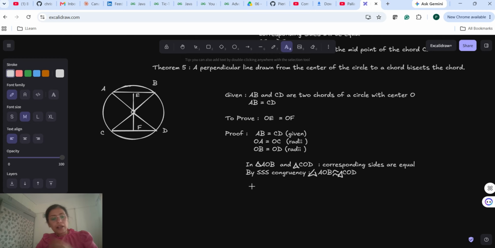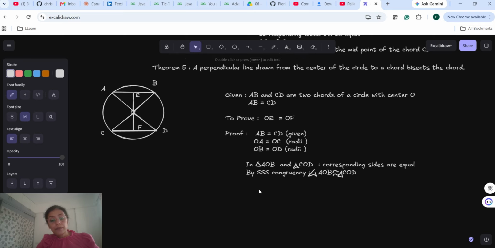That just means that their corresponding sides are equal, their corresponding angles are equal. But here we have to prove that OE is equal to OF. So if the two triangles are congruent, it will also mean that their altitudes will be equal.